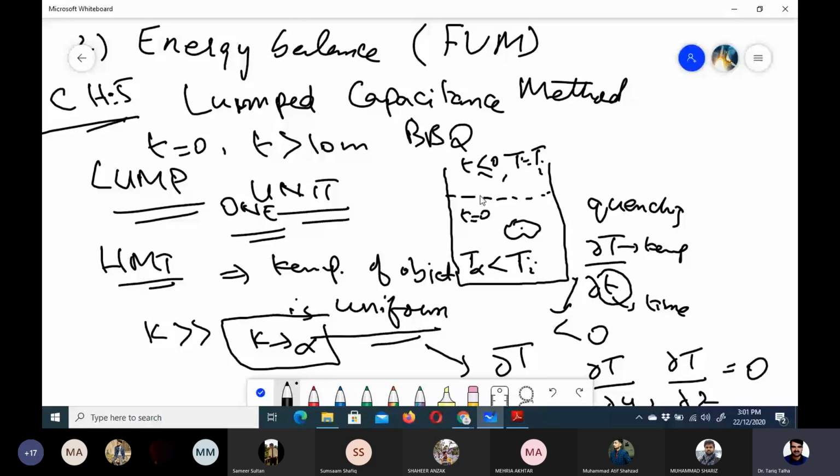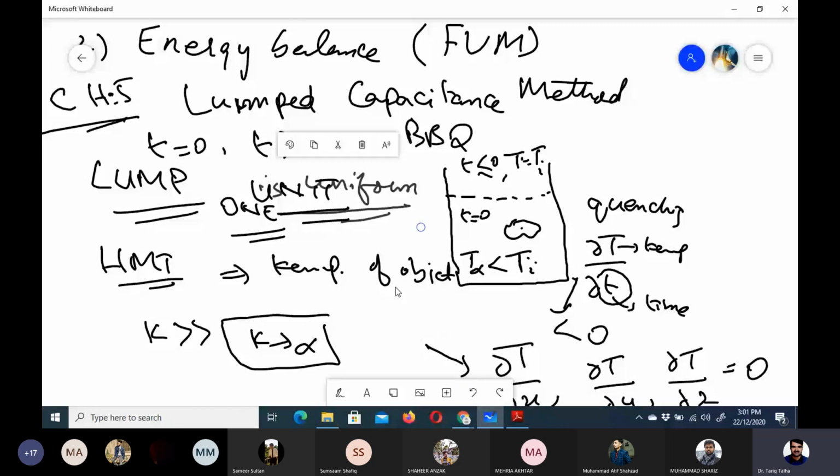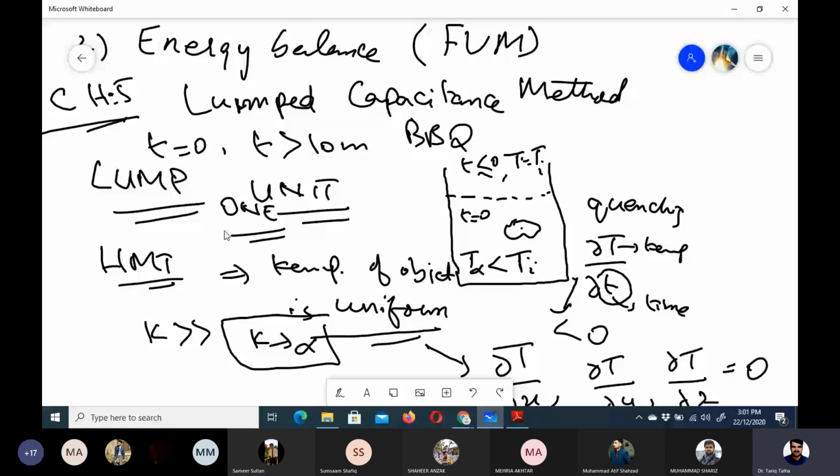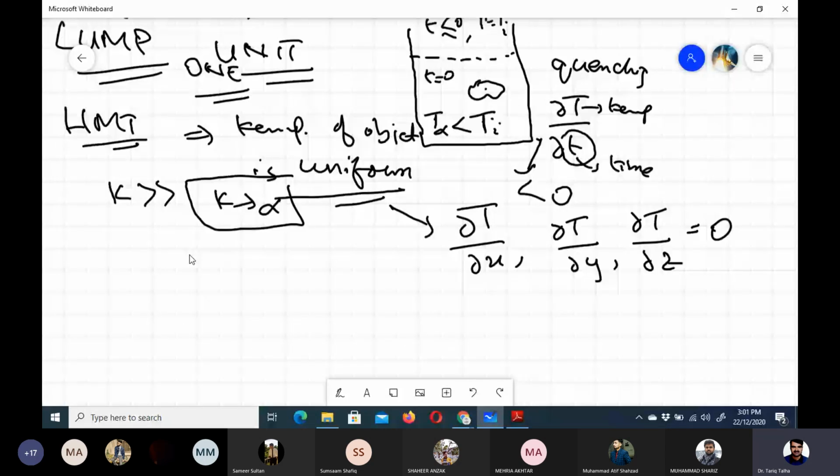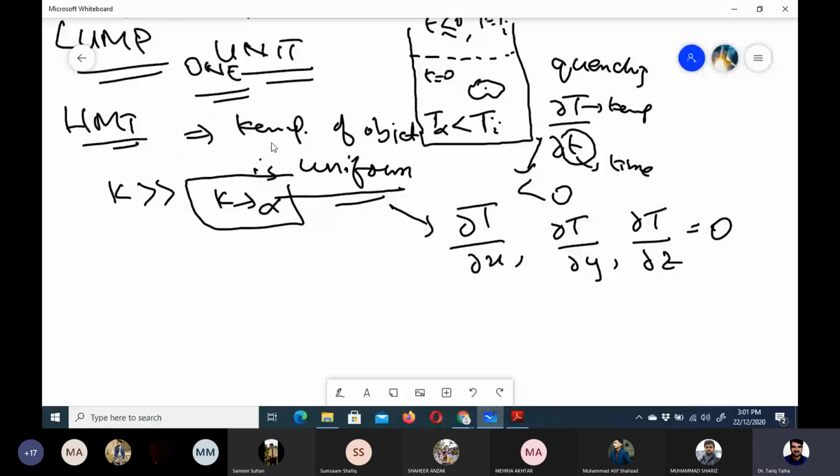So we are talking only about temperature variation with time, which is partial T by partial t, right? One thing is clear: in the lumped capacitance method, the thermal conductivity of the object is very high, which means the thermal conduction resistance is very low, and the thermal convection resistance is very high.